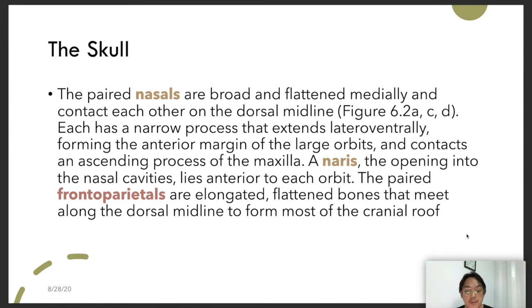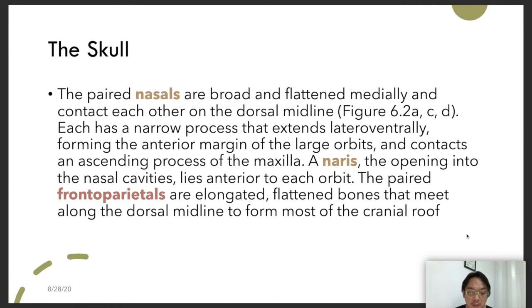It contacts the ascending process of your maxilla. And nearest, the opening into the nasal cavity lies anterior to each orbit. Okay, the paired frontoparietals are elongated and flattened bones that meet along the dorsal midline to form the cranial roof.